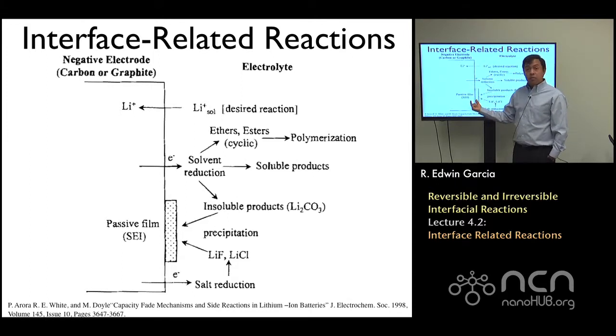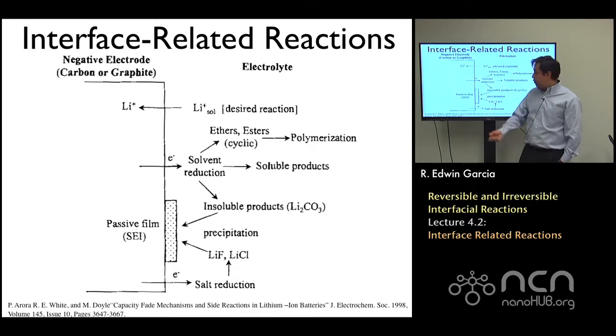Okay, so that becomes very important in this case, and because there's so many things going on in this interface, there's so many different types of chemicals, all our ignorance is basically summarized by calling it the solid electrolyte interface, or if you prefer, the SEI layer.